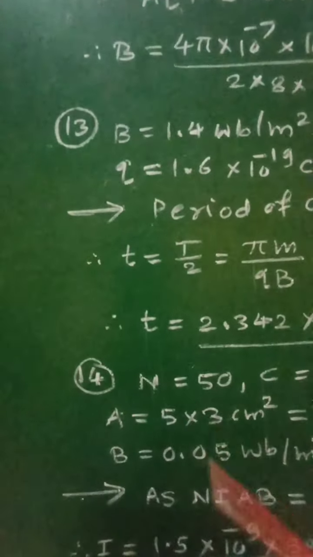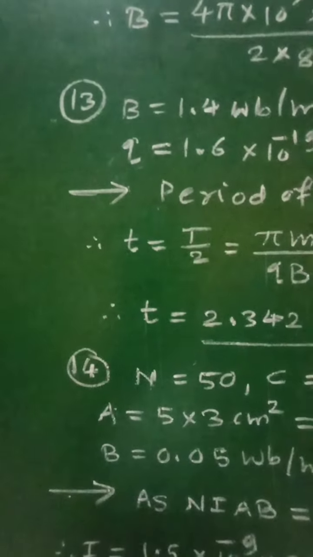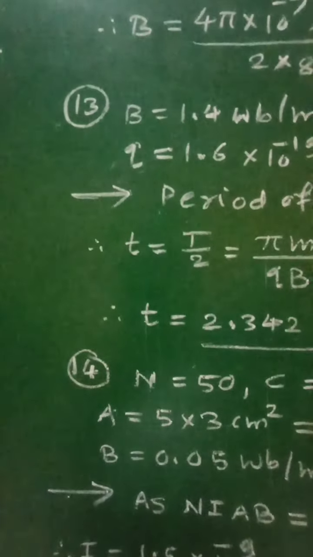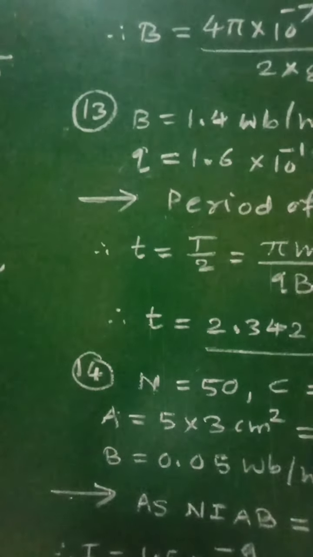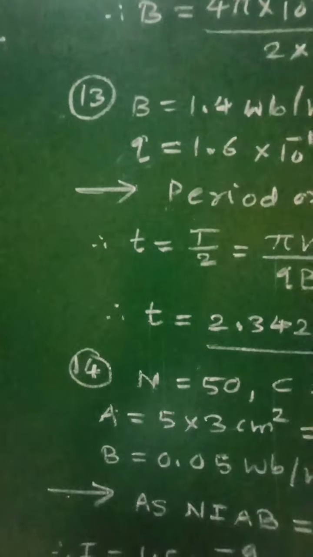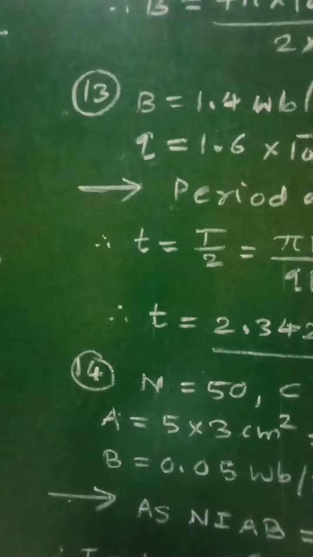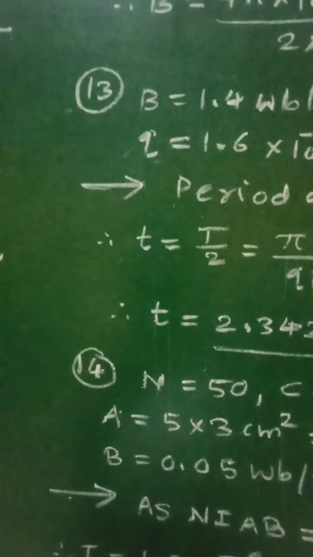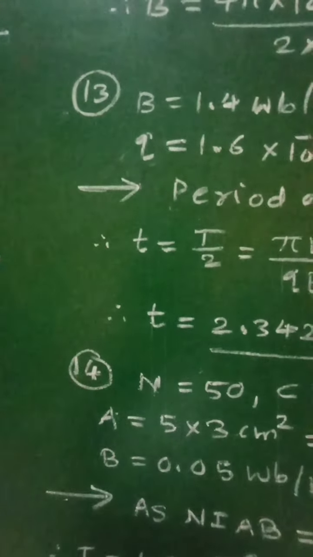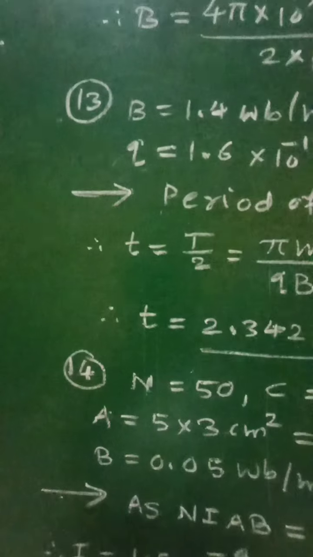Now let us go for next numerical, that is numerical number 14, which is given as: a moving coil galvanometer has been fitted with a rectangular coil having 50 turns and the dimensions are 5 cm by 3 cm, that is the area, and the radial magnetic field in which the coil is suspended is of 0.05 Weber per meter square.